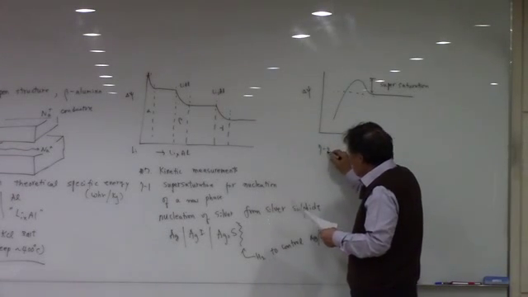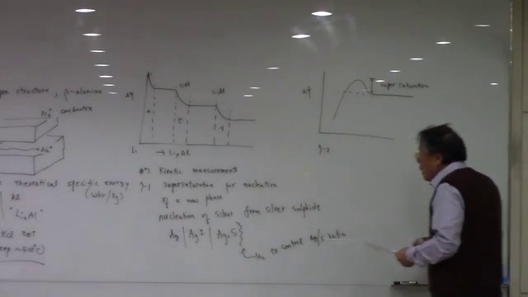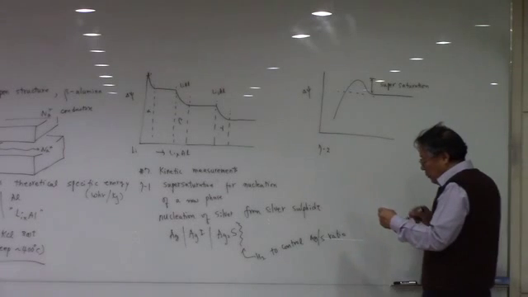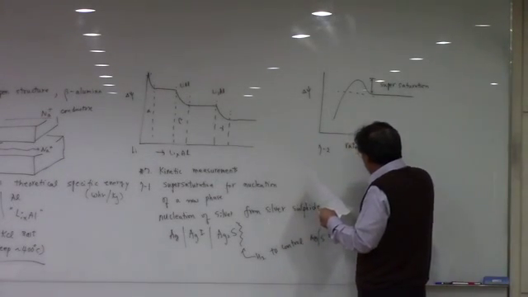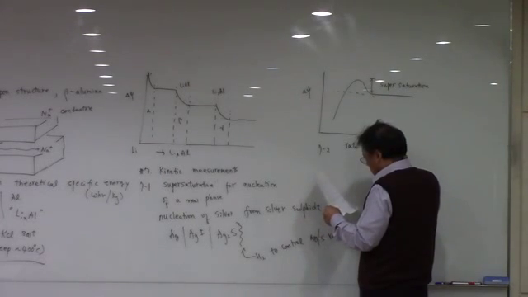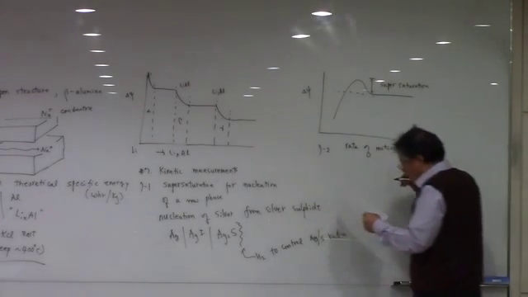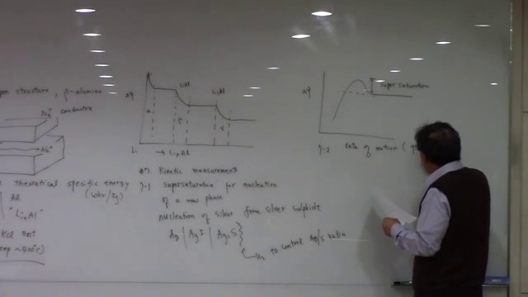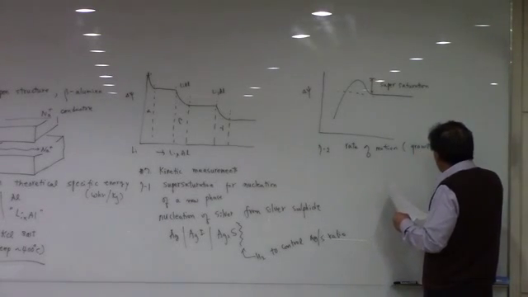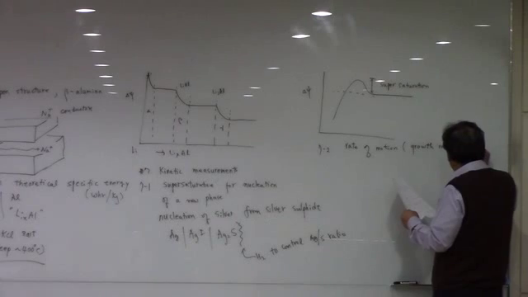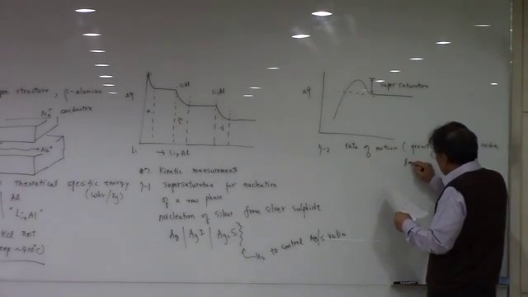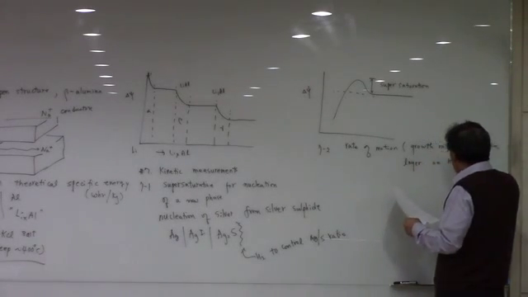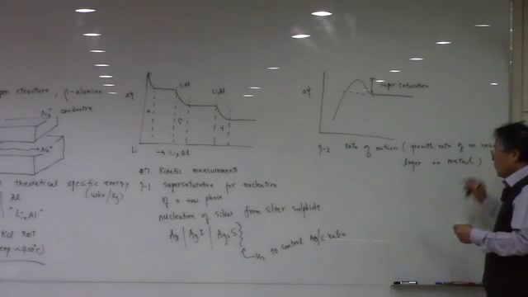And another kinetic measurement example is the rate of motion. That is the growth rate of an oxide layer on metal, for example.